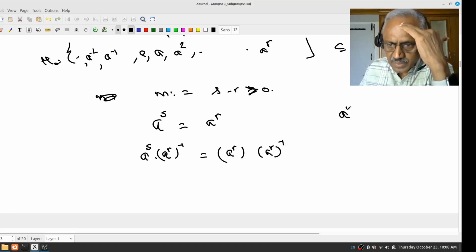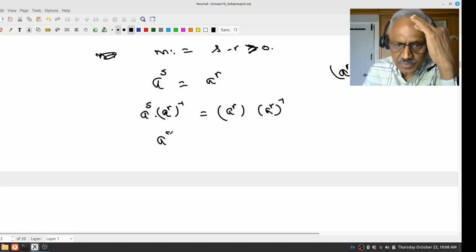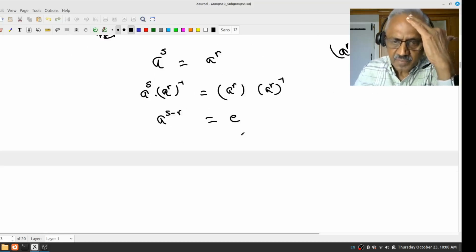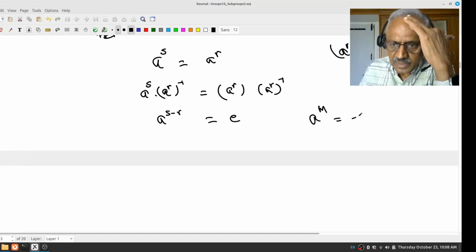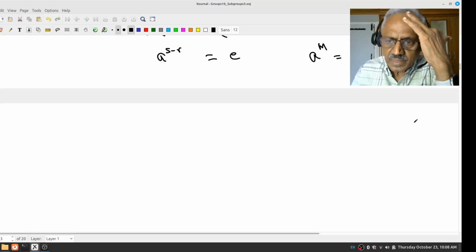From the law of exponents, a to the power R inverse is a to the power minus R. Therefore this is a to the power S minus R equal to identity. That means a to the power m is identity, where m is a natural number.